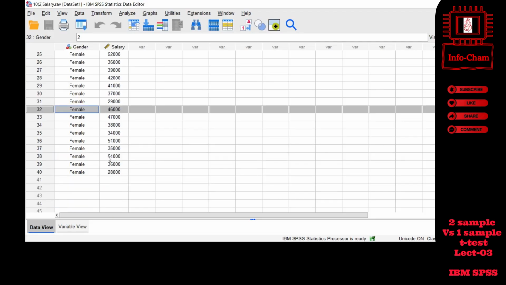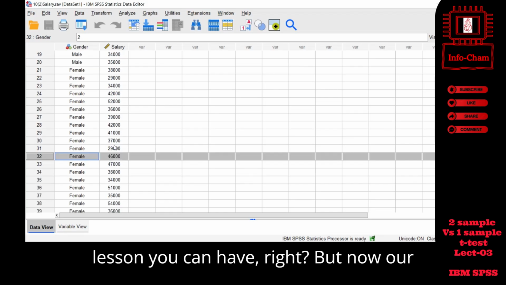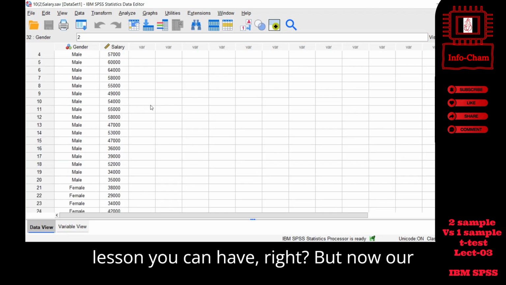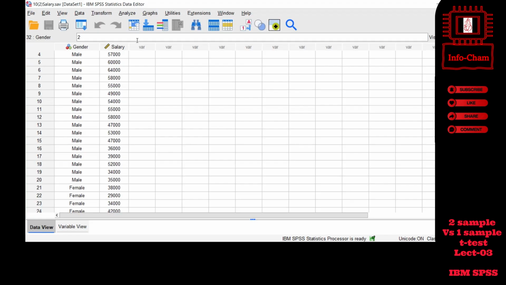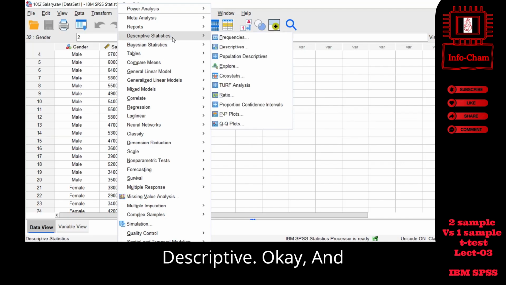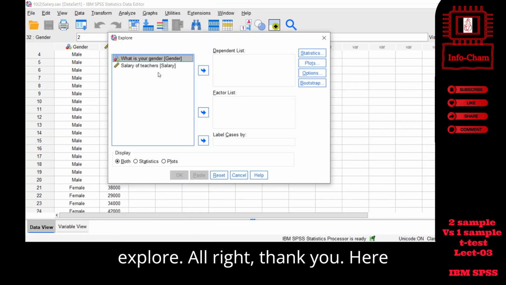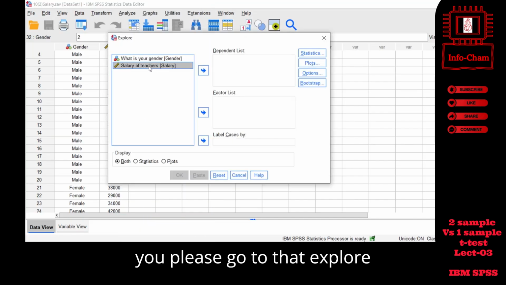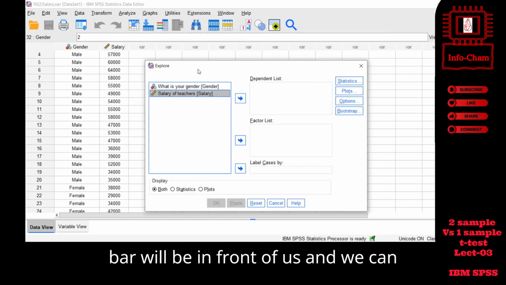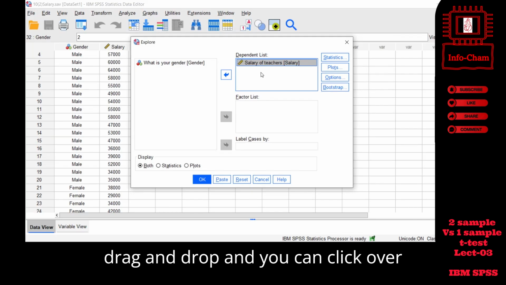And you know very well how to use the descriptive statistics, mean, mode, median, everything you know from the first lesson, right? But now our task is applying the t-test. Analyze, descriptive, and explore. Here you please go to that explore bar in front of us, and we can drag and drop, and you can click over here.